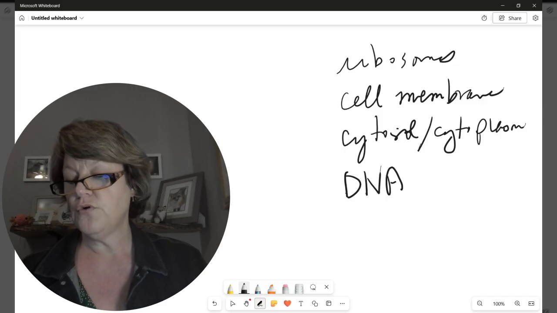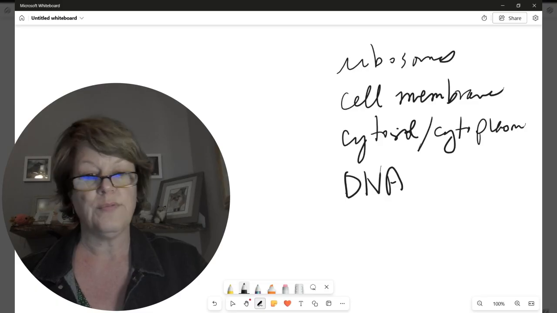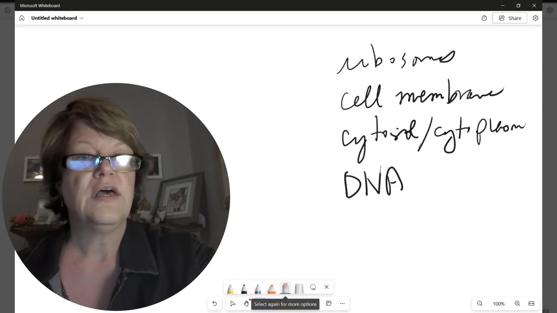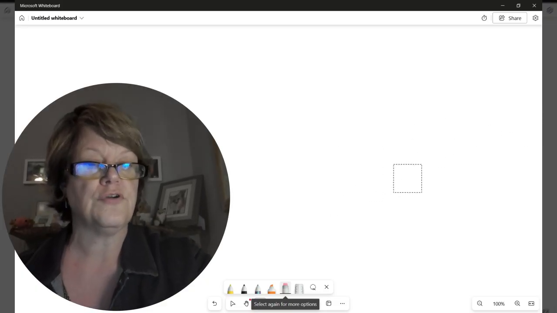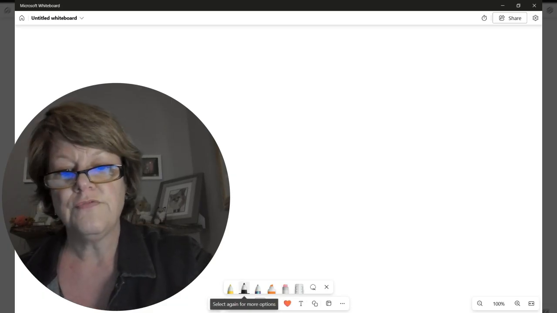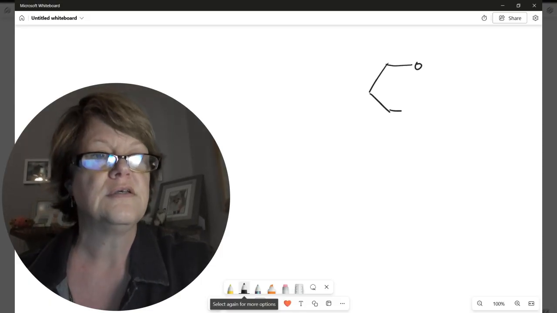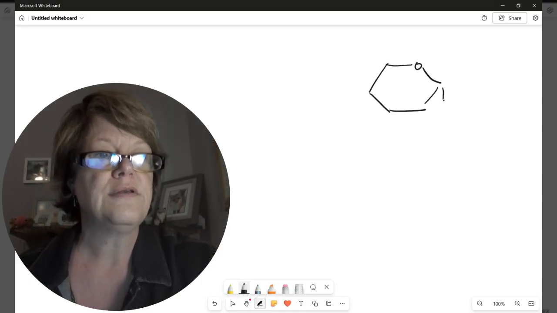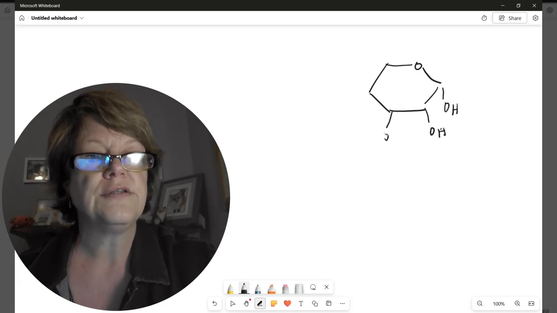For each of the 4 macromolecule groups, be able to identify monomers by name or by molecule structure. I can do a rough drawing. You can look up more particular drawings if you like, but a rough drawing would be, for example, for the monosaccharides, a hexagon.